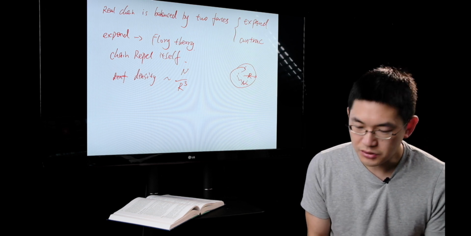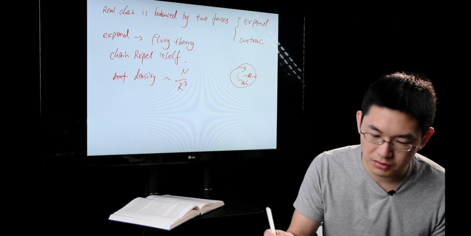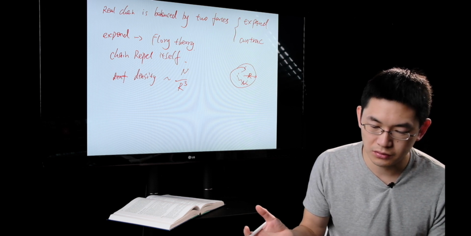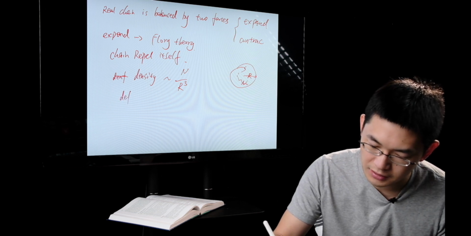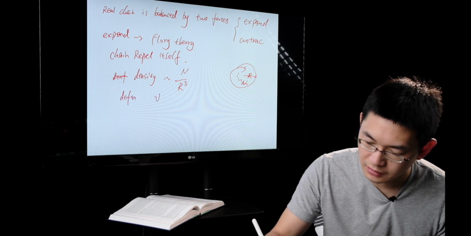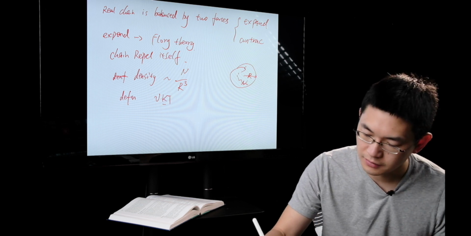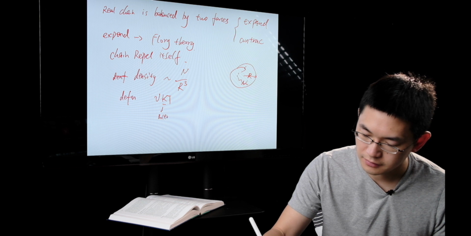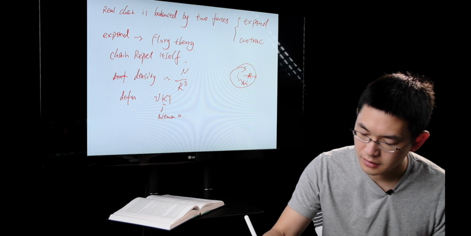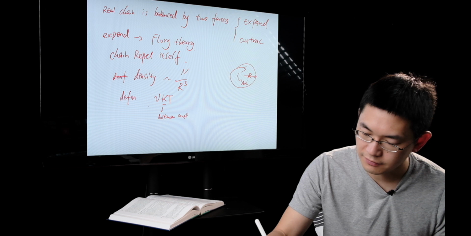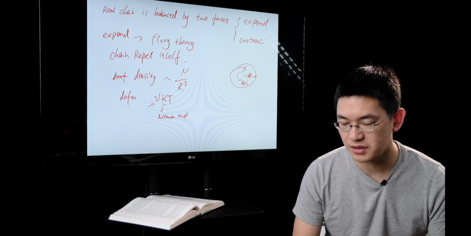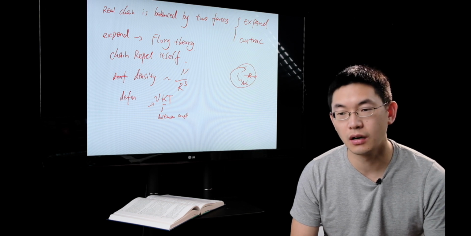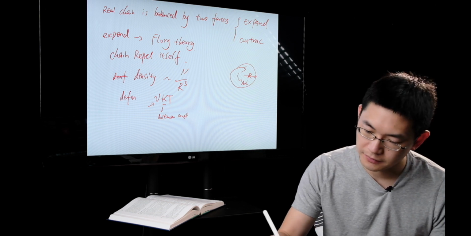And assuming we know that a repulsive energy would be equal to a constant. The constant can be defined as v kT. k is the Boltzmann constant, okay? T is just temperature. v is just a factor that defines each individual molecule's energy, okay?